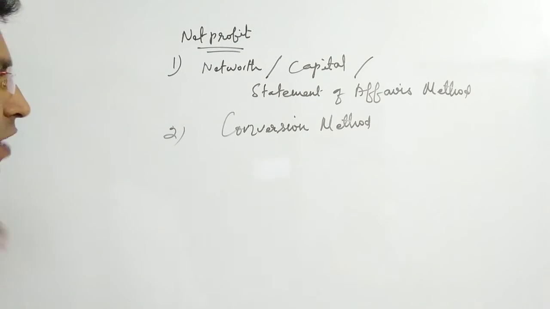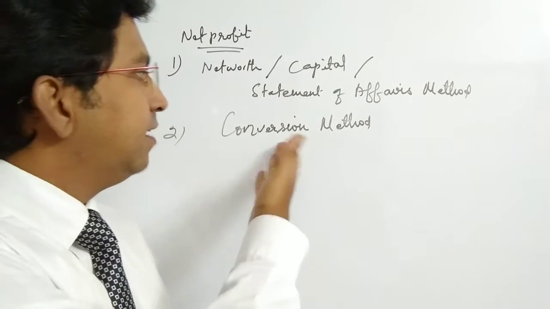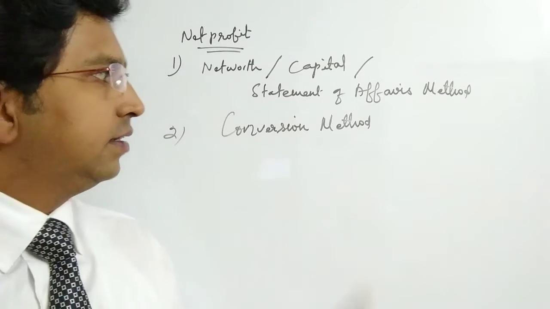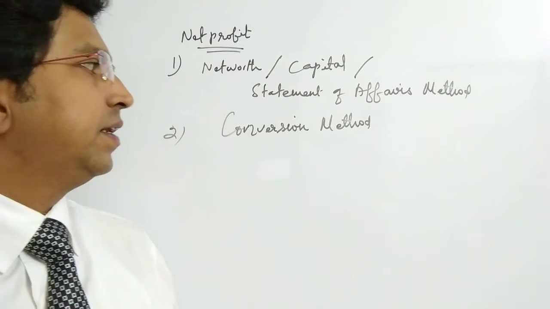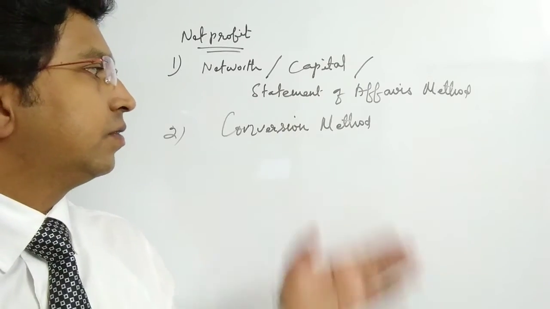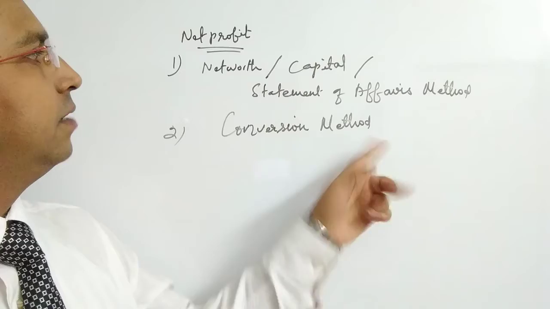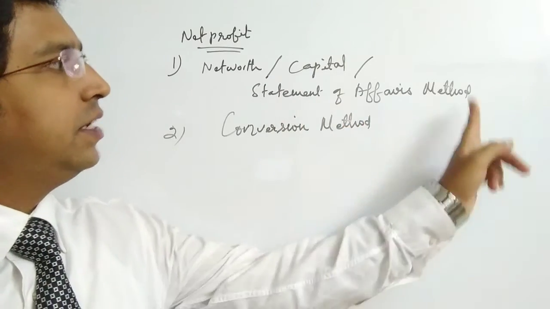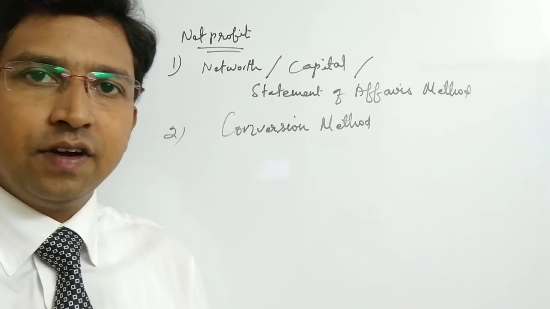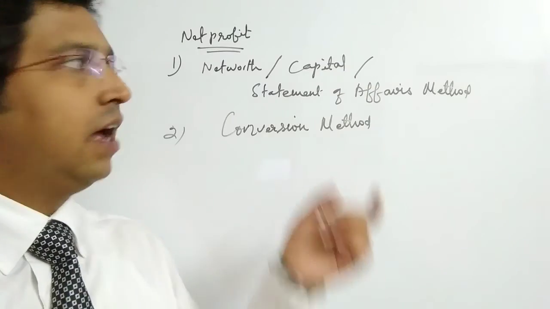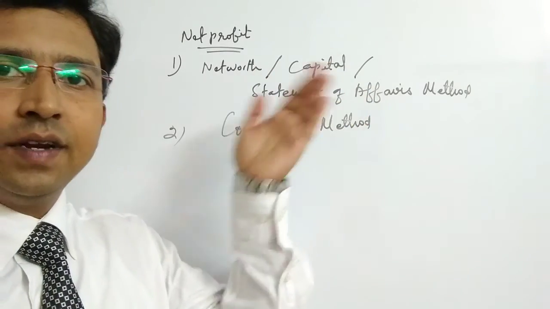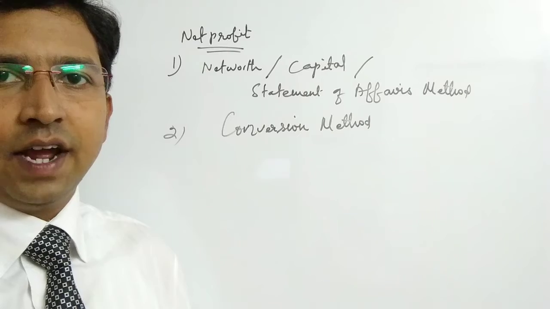With the available information, they are preparing some relevant accounts under this system, and finally they are preparing the trading and profit and loss account and balance sheet. In the first method, that is the net worth or capital method, a statement of affairs is prepared, and with the help of that, the opening capital and the closing capital are identified.